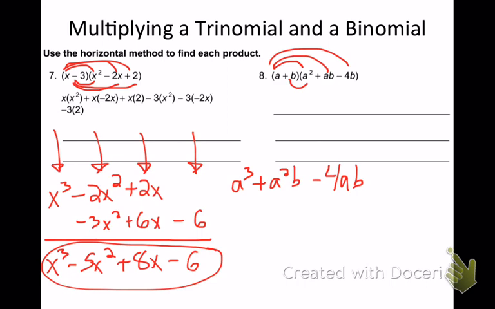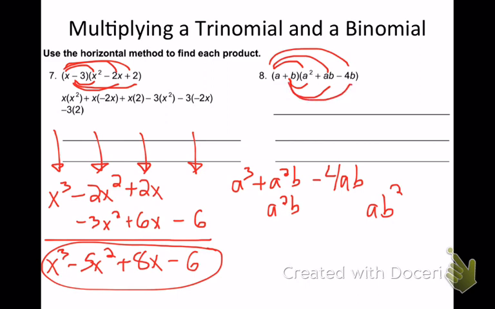Now I'm going to distribute the b, the second term. So what's b times a squared? A squared b. Notice where I put it. Why did I put it underneath there? Because it's like terms, right? Next one, Johnny here. B times ab gets me what? Ab squared.